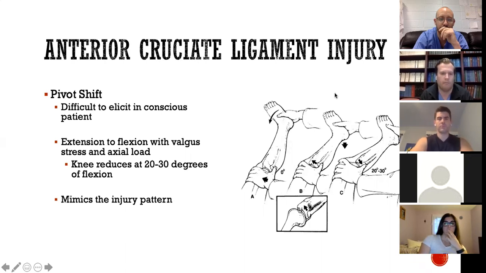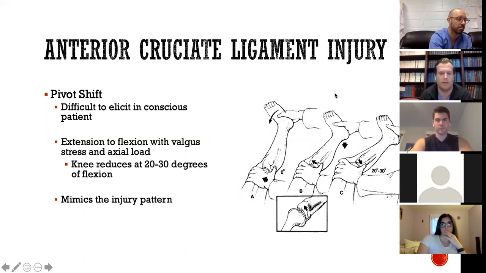The way you perform this test is that you take the leg from full extension to flexion. You'll put a valgus stress and an axial load on the knee. What this is doing is actually mimicking the injury pattern, where as the knee is in full extension and begins to flex, the tibia is translated anteriorly on the femur.